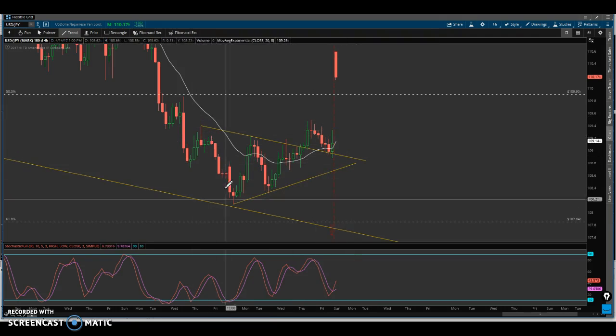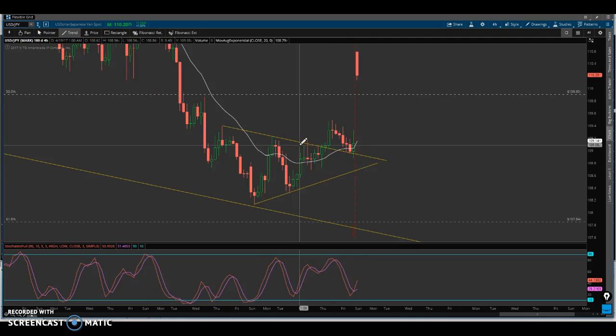We have a low and then it's just consolidating in here. Well, on Thursday or Friday, it broke out of this wedge to the upside. So that gave me a little bit more confidence in looking for a long opportunity.